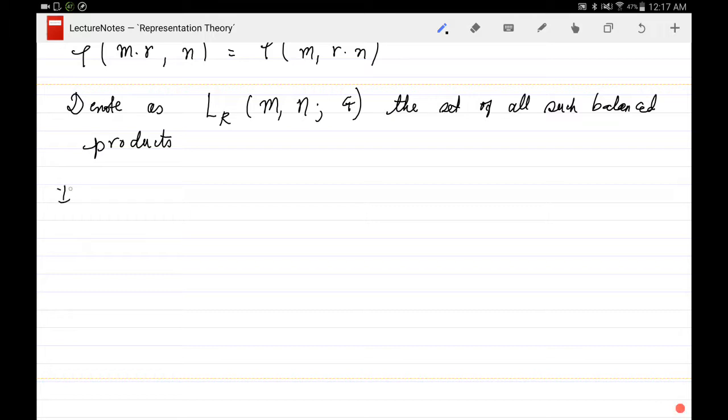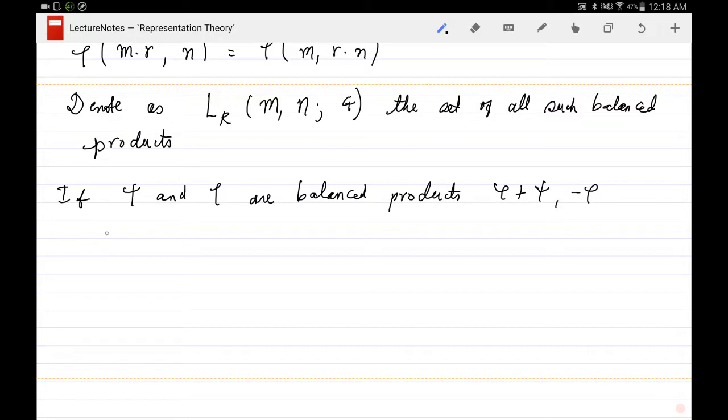And if psi and phi are balanced products, then phi plus psi, and then minus phi, for example, are defined pointwise.